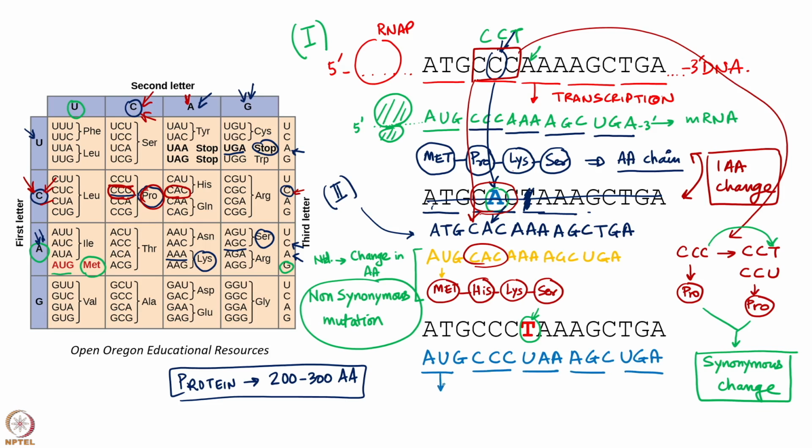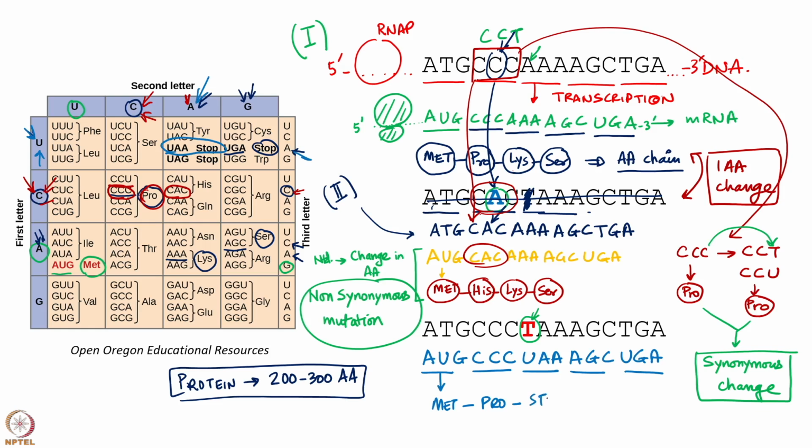Now, AUG corresponds to methionine and that is fine. CCC corresponds to proline, that is also as before. But now instead of an AAA, we have a UAA. And if you look at what UAA corresponds to, that is the U, that is the second A and the third A, UAA corresponds to a stop.